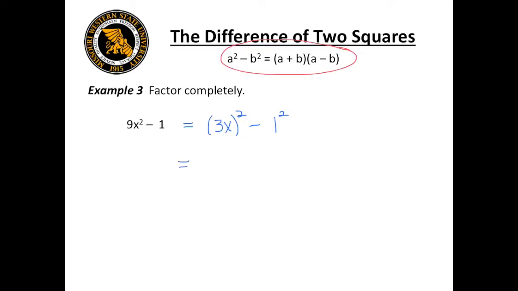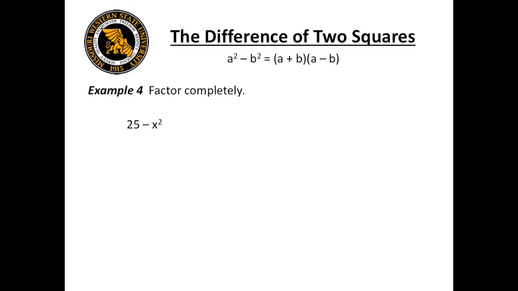And we know that to factor a difference of two squares, we take the two terms that are being squared, connect them with an addition sign, connect them with a subtraction sign, and multiply those two binomials together. So the factored form of 9x squared minus 1 equals 3x plus 1 times 3x minus 1.